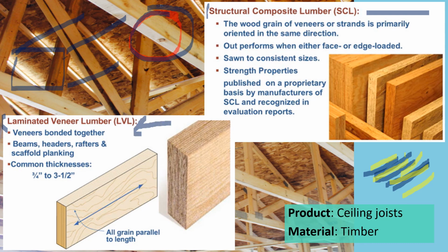Laminated veneer lumber, or LVL. So this is where veneers are bonded together. It's used for beams, headers, rafters, and scaffold planking. And its common thicknesses are 3/4 of an inch to 3.5 inches. Now, I know these wouldn't actually be used for ceiling joists, but I wanted to bring them in anyway because we're talking about structural composite lumber, and laminated veneer lumber is part of that category.